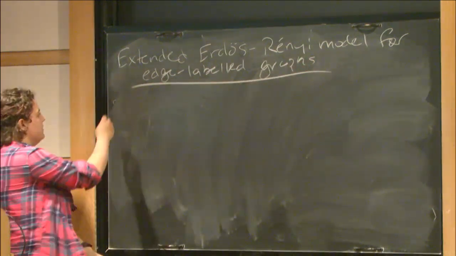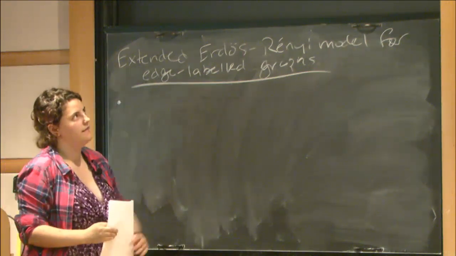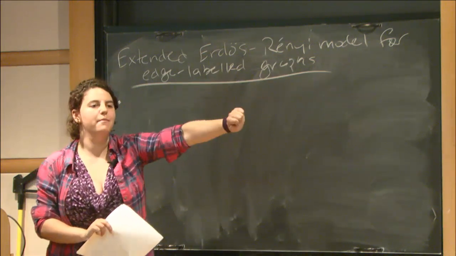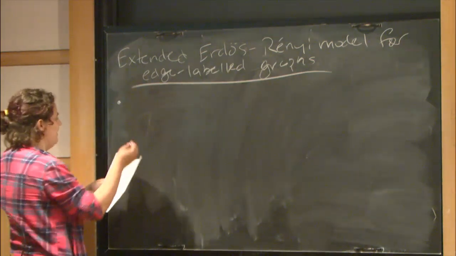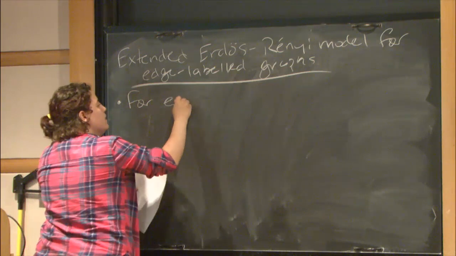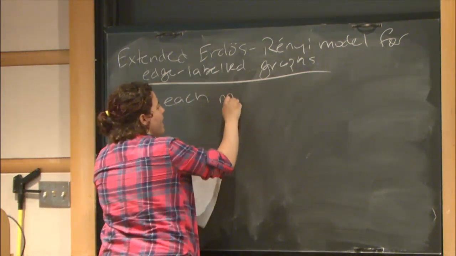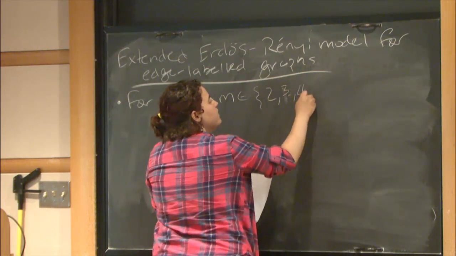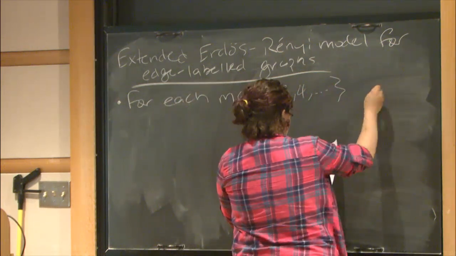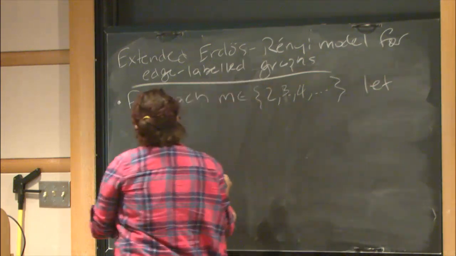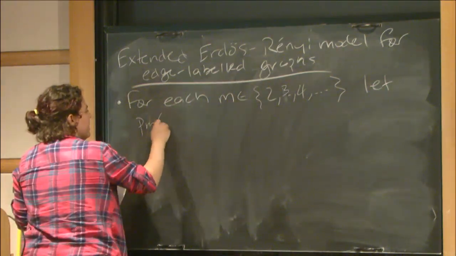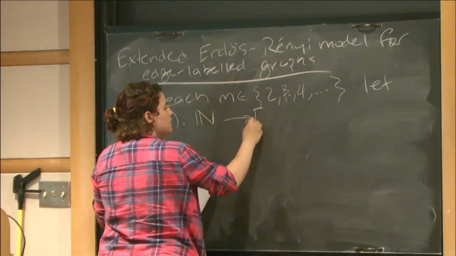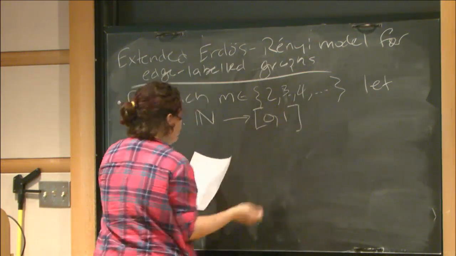All right, so this time, instead of just having one probability function that depends on n, we're going to have a probability function for every m that depends on n. So for each possible label m, 2, 3, 4, etc., we'll let p sub m of n go from natural numbers to the interval from 0 to 1.